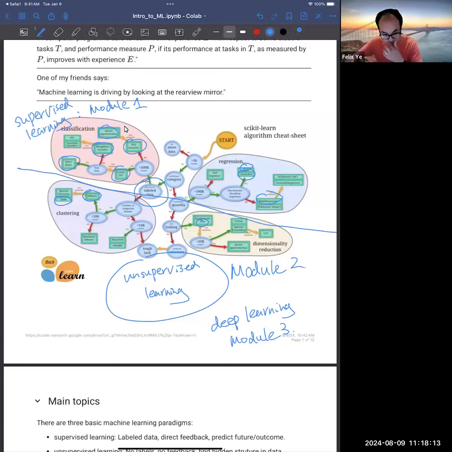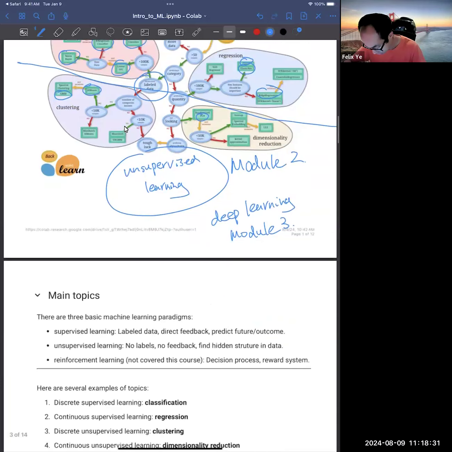And you are going to understand the mathematics, the math of all these methods and models. And you are going to implement them from scratch.